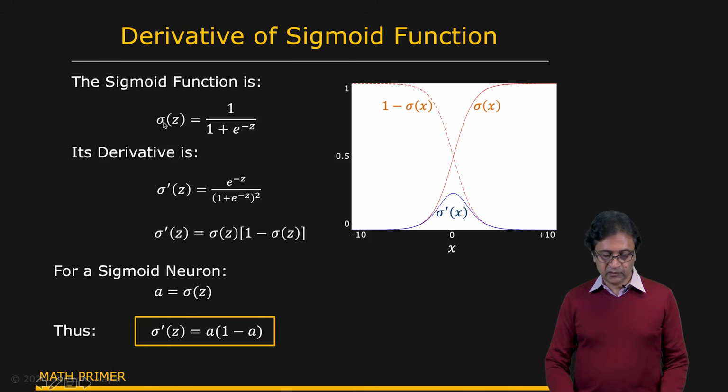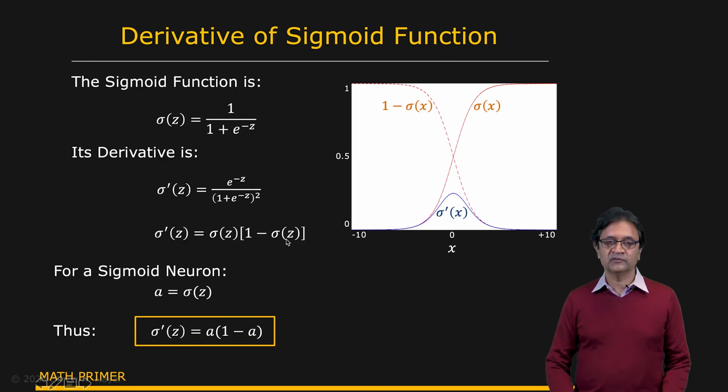Sigma of z is 1 over 1 plus e to the power of minus z. Its derivative, which we'll call sigma prime of z, is e to the power of minus z divided by (1 plus e to the power of minus z) squared. This can be further simplified as sigmoid of z times 1 minus the sigmoid of z.